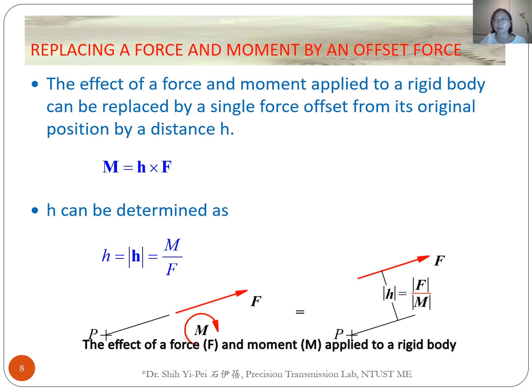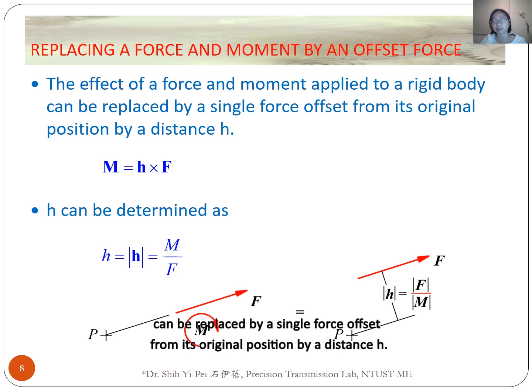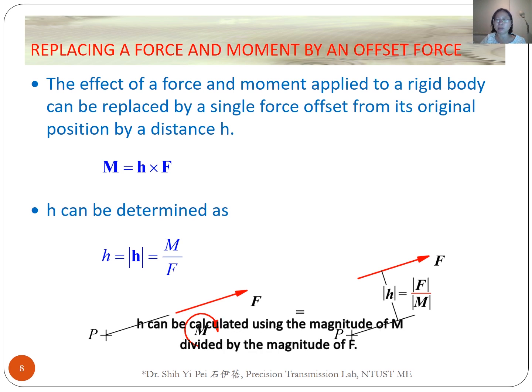The effect of a force F and the moment M applied to a rigid body can be replaced by a single force offset from its original position by a distance h. h can be calculated using the magnitude of M divided by the magnitude of F.